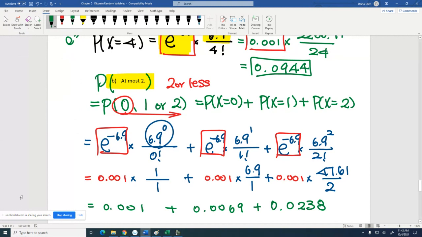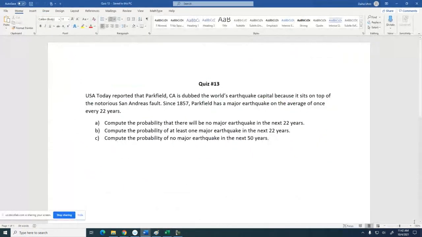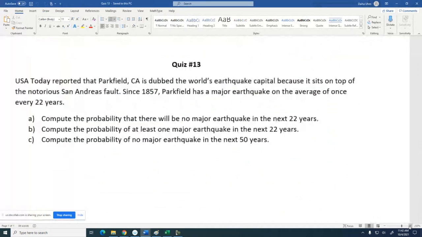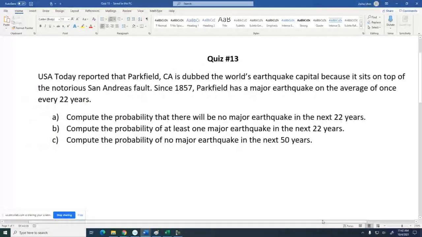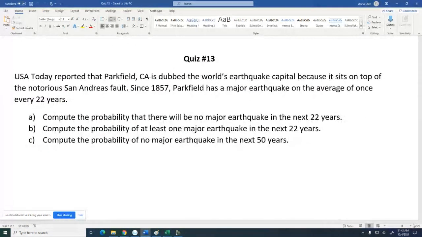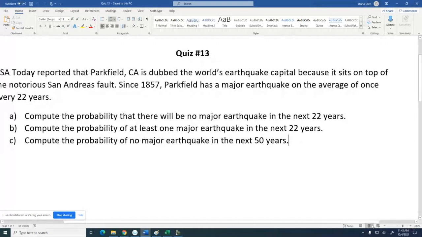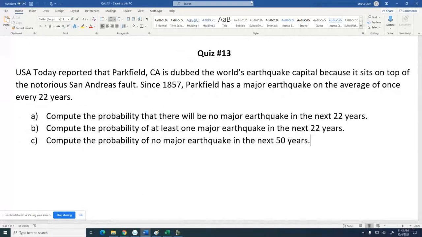Any question? So now we have another random variable. It's named the Poisson distribution. And now here is quiz number 13.